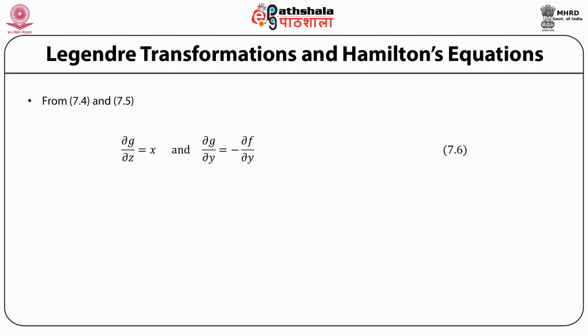So these are the necessary relations required to get the function g, which is a function of variables z and y, from the function of x and y.